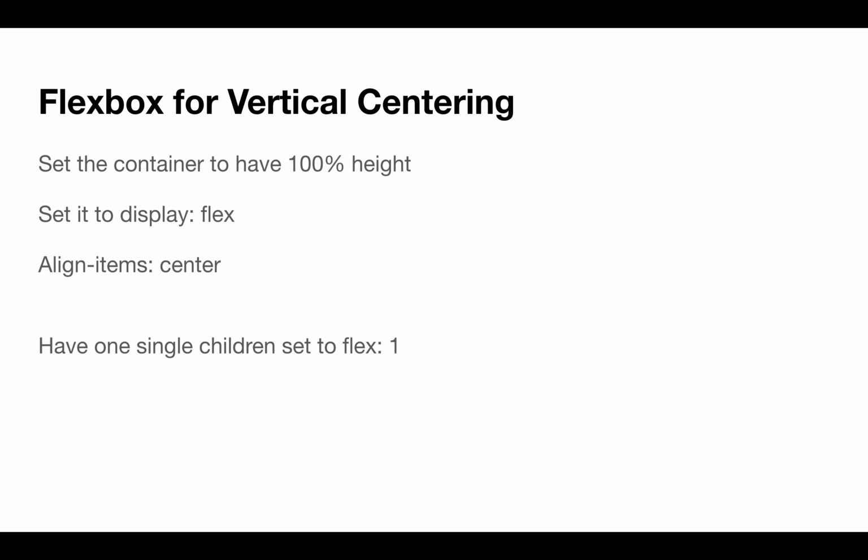Then we're gonna put a container inside of this one, and this container is going to get centered. It doesn't matter what its height is, it's always gonna be in the center of this parent container. The single container needs to have a property flex of 1. In reality, it could be any flex, but it's gonna be a single container, okay?